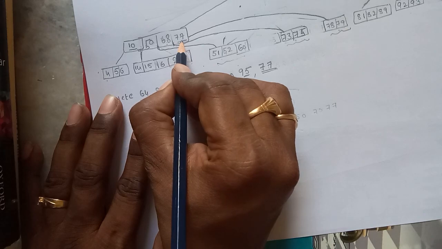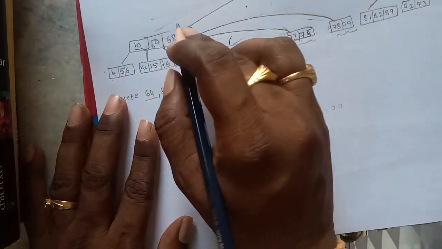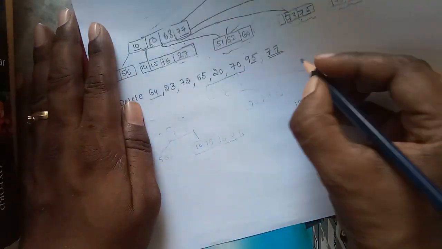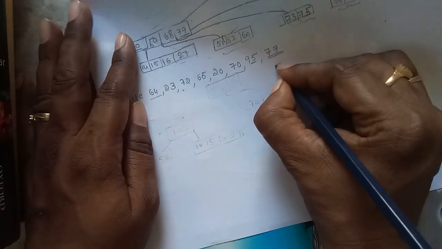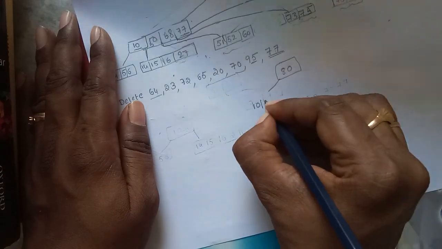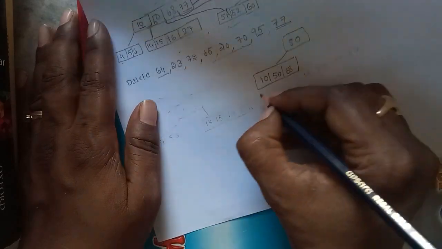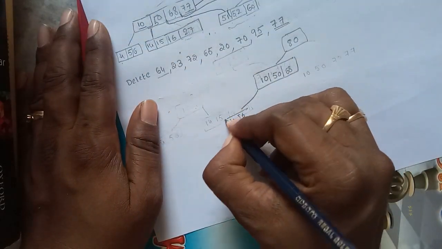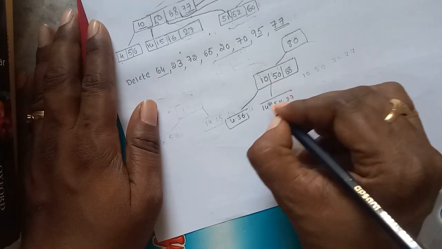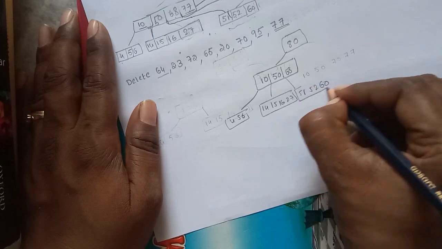Simply remove 77 and perform the merge operation. That means the tree becomes 80, 10 50 68. 10's left child is 4 5 6, 10's middle one is 14, 15, 16, 27, then 51, 52, 60.